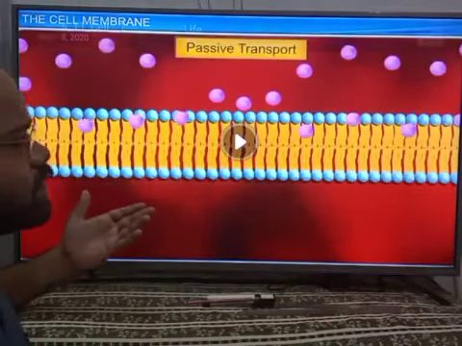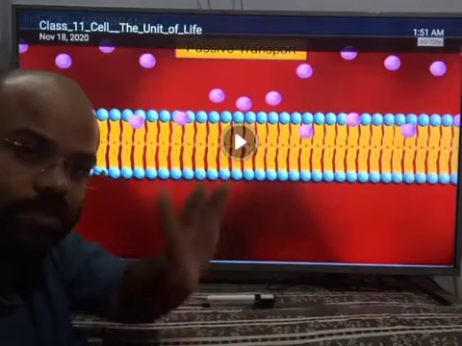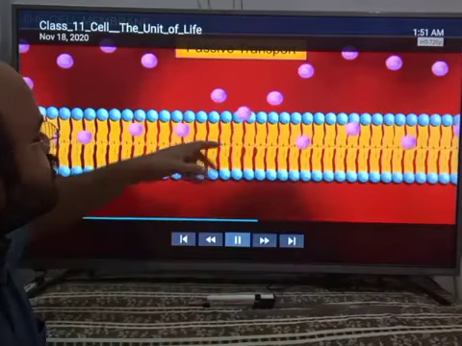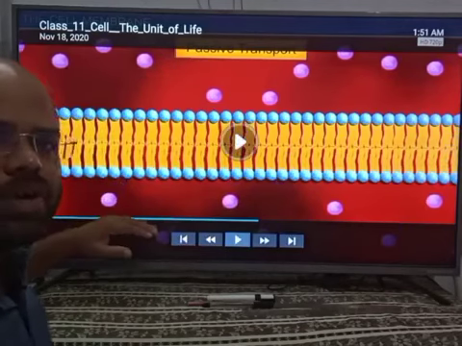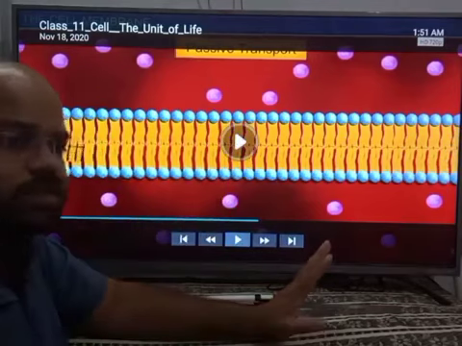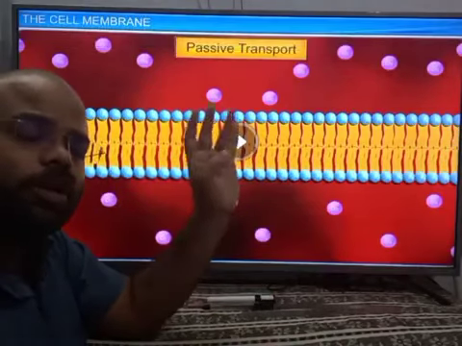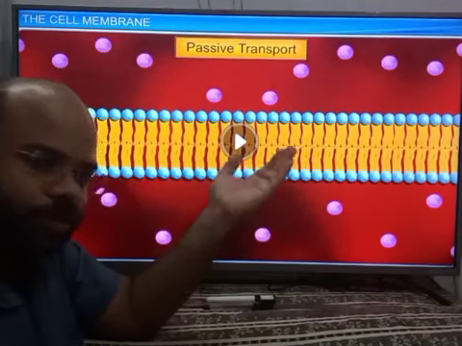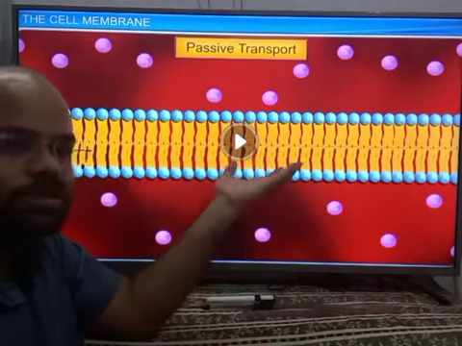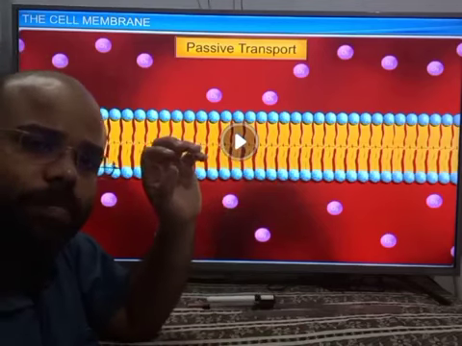Passive transport does not need ATP but active transport needs ATP. We discussed these things earlier. See how passive transport is. Generally passive transport occurs from high concentration to low concentration. Whatever the particles are, gas, solid or liquid, transported through the cell membrane from outside to inside or inside to outside, how are they transported passively?